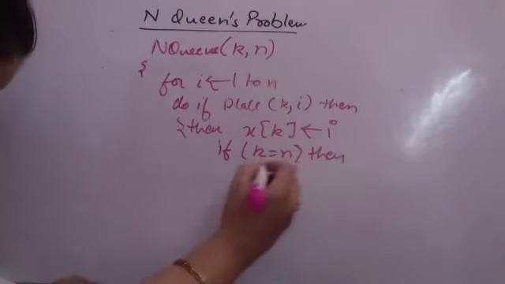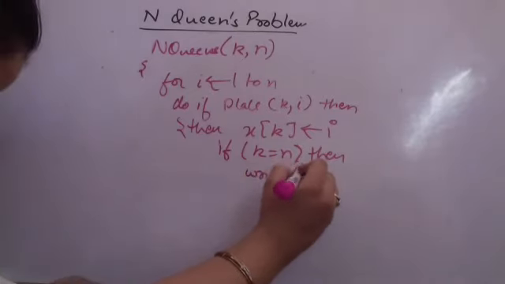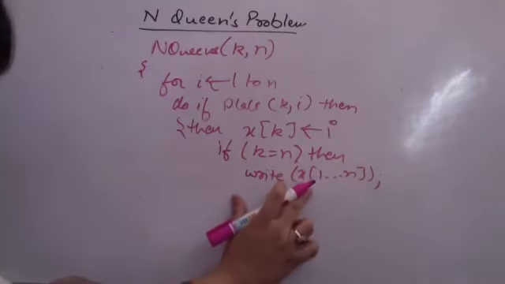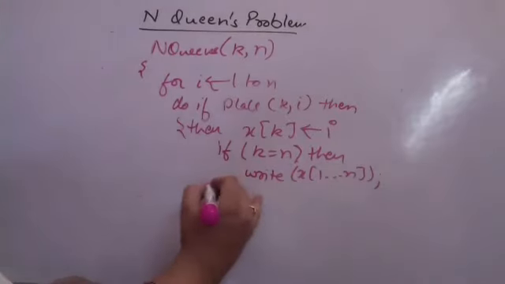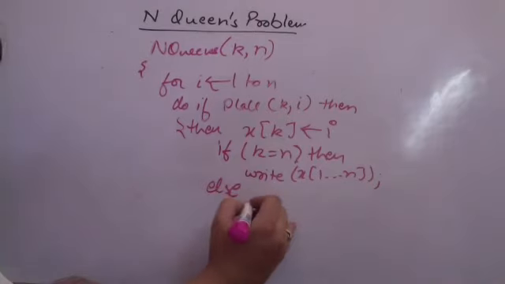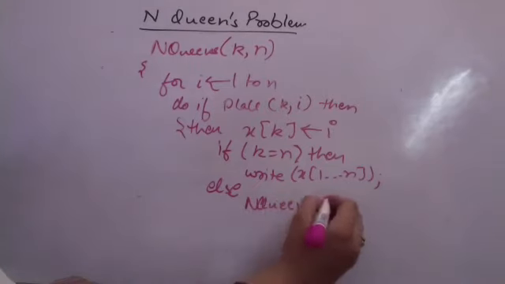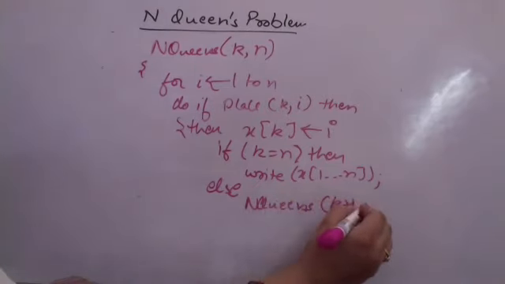In that case I will be finally printing the solution here, जो भी हमारा final solution है. This is the final solution. Otherwise I will recursively call the n queens problem for k minus 1 queens. So I am recursively calling this n queen problem for k plus 1 comma n.